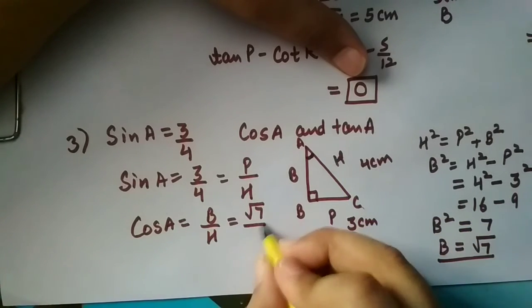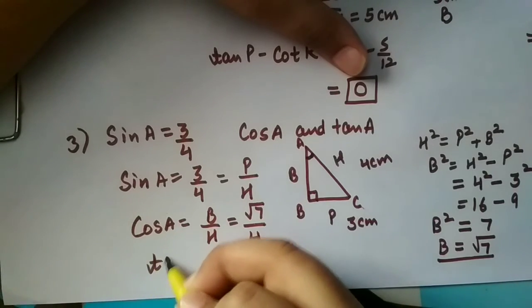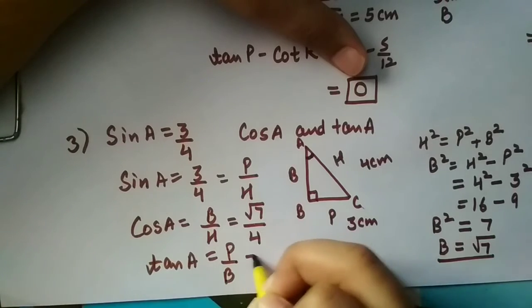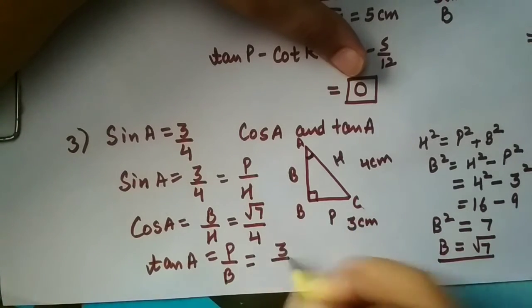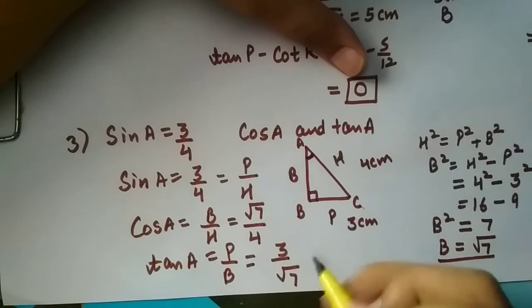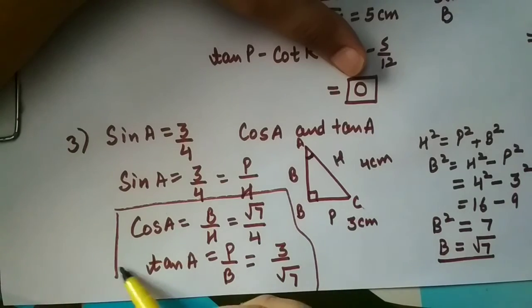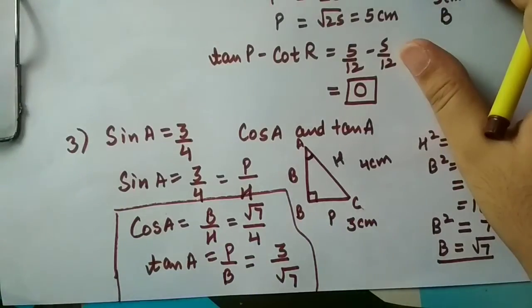So root 7 upon 4 is the value of cos A, and tan A is perpendicular upon base. Perpendicular is 3 and base is root 7. So this is your answer. Cos A is root 7 upon 4 and tan A is 3 upon root 7.